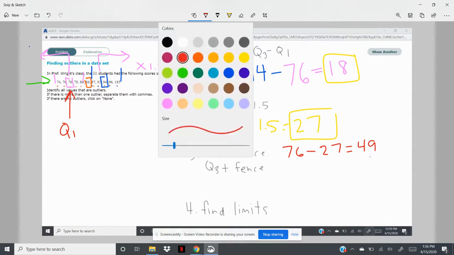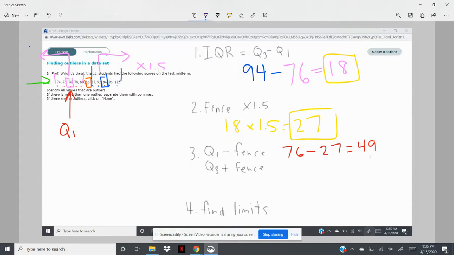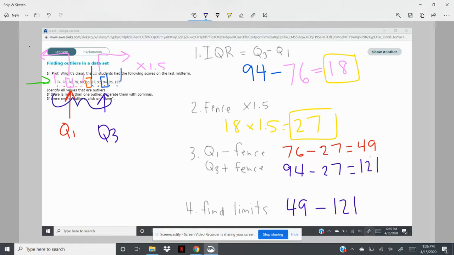Now I'm going to take my next quartile, which is 94, that's quartile 3, and 94 plus my fence number, 27, equals 121. Okay, so now I have my limits. My limits are 49 through 121. Now my set of data can only go from 49 to 121.